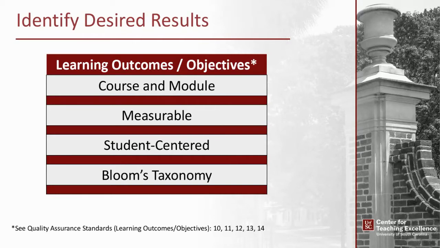So when referring to measurable, we mean you can assess whether the student has mastered the skill. Instructors often use action verbs identified in the revised Bloom's taxonomy to write these out. So the complexity of these outcomes depends completely on your course level and the skill set of your students.